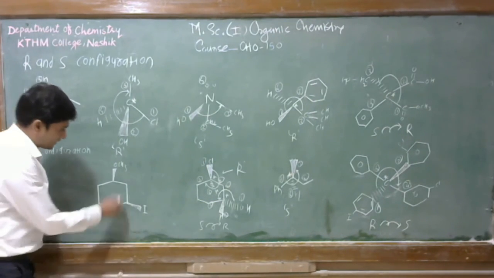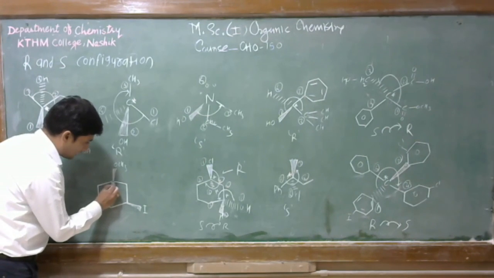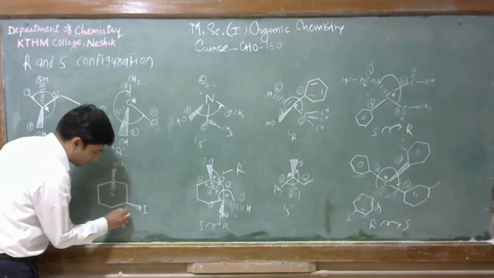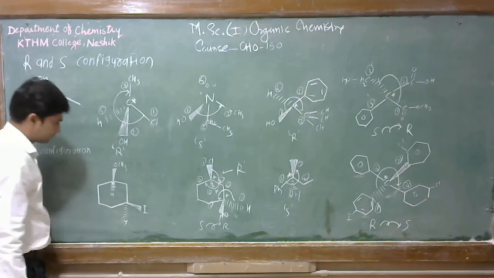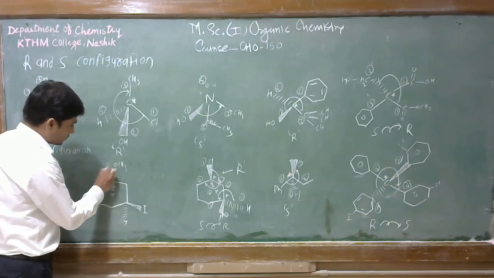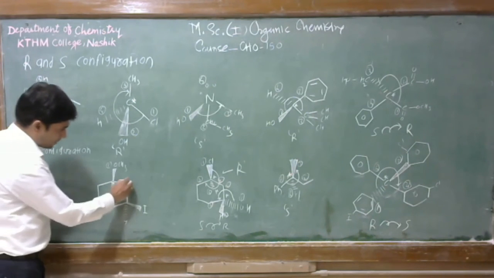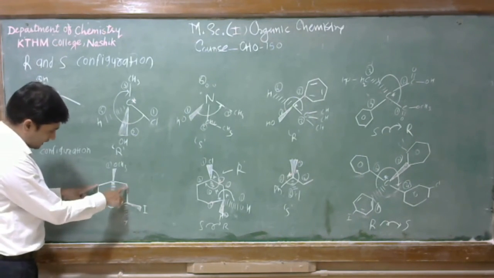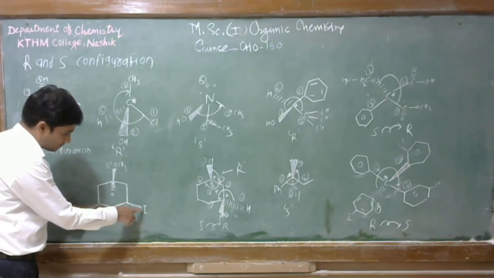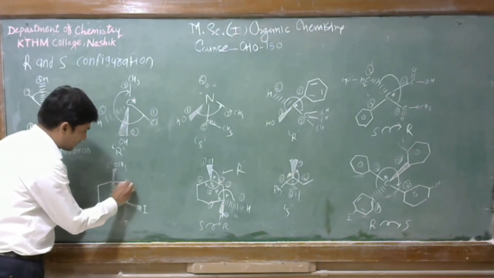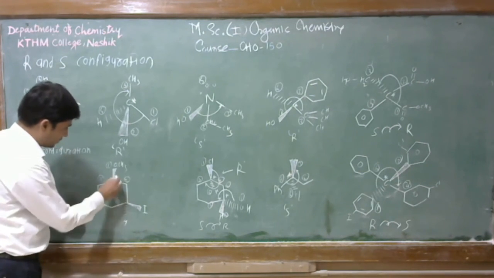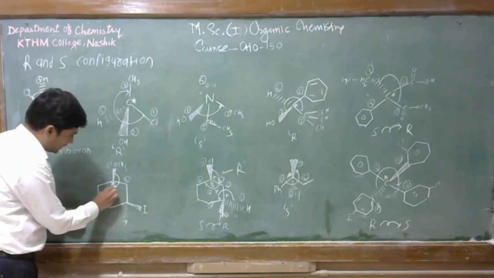Now, in this case, here is a hydrogen towards the back side. Here is a hydrogen towards the back side. This OCH has first priority. See, in these 2 carbons, this is the CH2 attached to the next, therefore it has second priority, it has third priority, and hydrogen has fourth priority. So we move from 1 to 2 and 2 to 3.